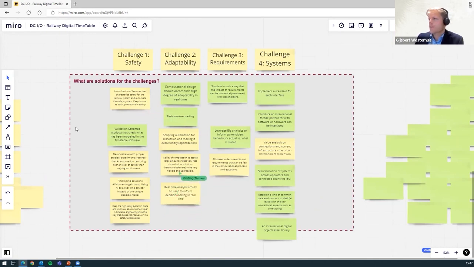Requirements. I think it's important to set requirements for all stakeholders that can be fed into the process and equations. And I think that's currently also a big problem because you have many different stakeholders, each with their own input.